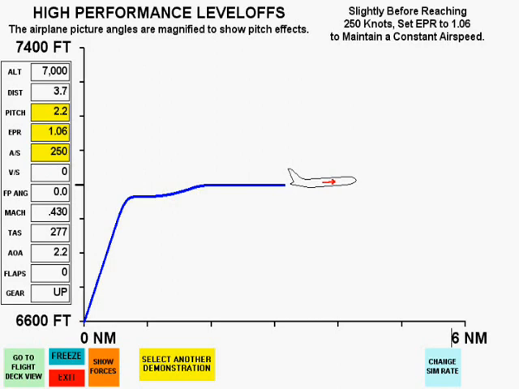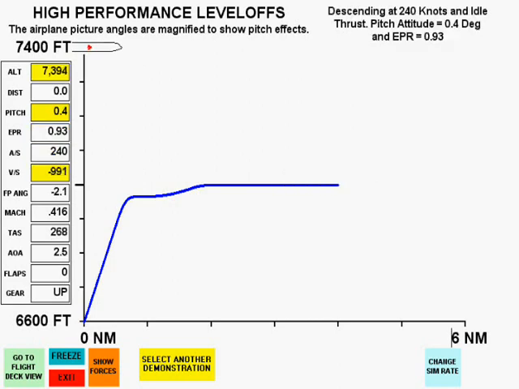Next, we will capture 7,000 feet from a descent. We're descending at 240 knots with a pitch attitude of 0.4 degrees and idle thrust.